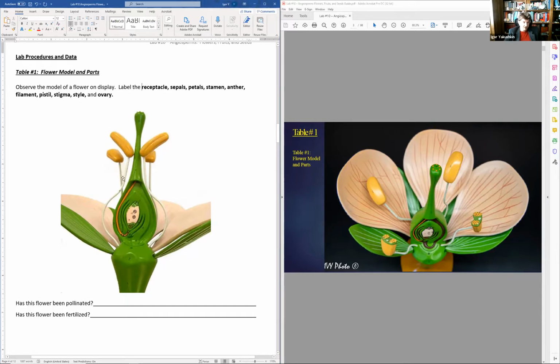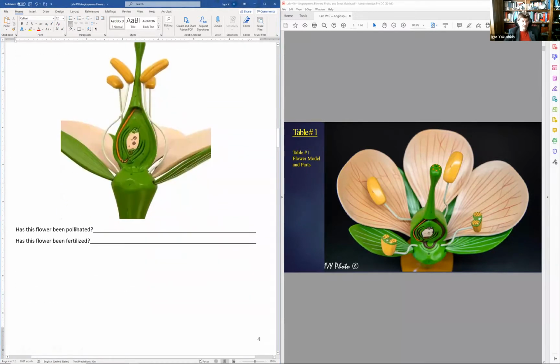So anther, yellow, white filament, pistil, the whole structure. And within a pistil, we will recognize the top part known as a stigma, the elongated part known as a style, and that round part known as the ovary right here. In this particular case, the ovary contains only one ovule with only one egg.